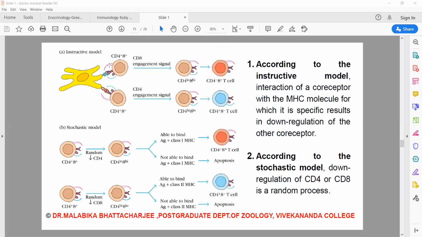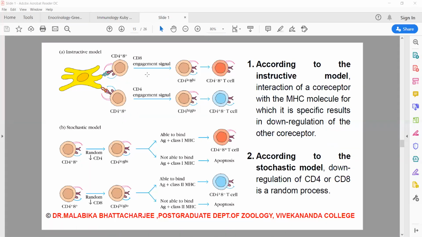The moment an engagement is occurring, the result of that engagement is inducing a signal transduction pathway, as a result of which the other co-receptor is gradually being down-regulated and ultimately suppressed. So this was the instructive model.